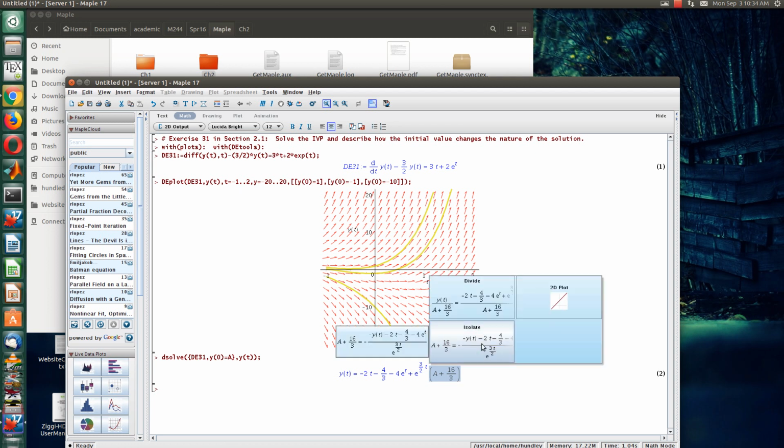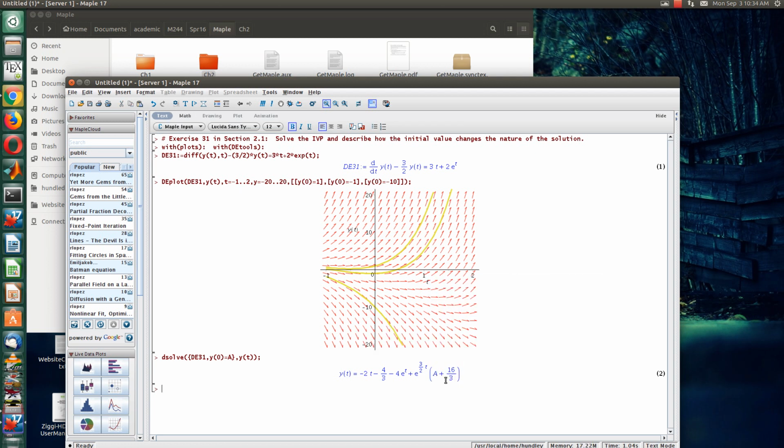And so we can see what's going to happen now if this constant right here is equal to 0. Well, you can see that if this is all zeroed out, right, then our solution is going to be going to minus infinity because of the minus 4e to the t. But if this is positive, then this positive number is going to make things move to positive infinity over time.